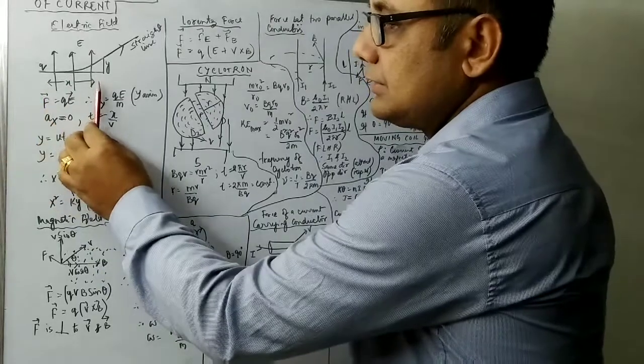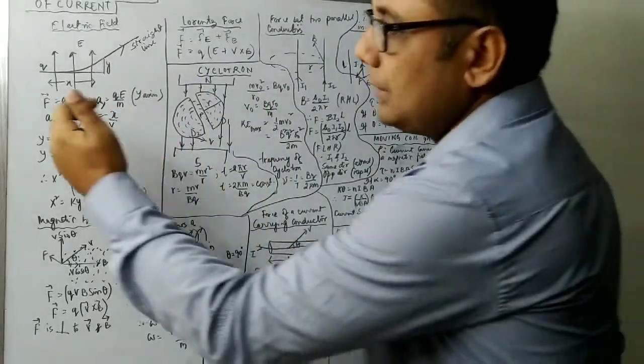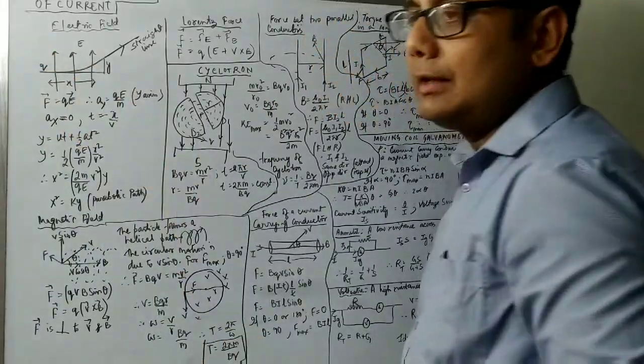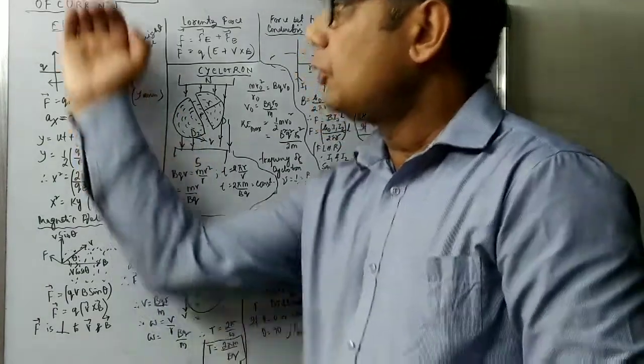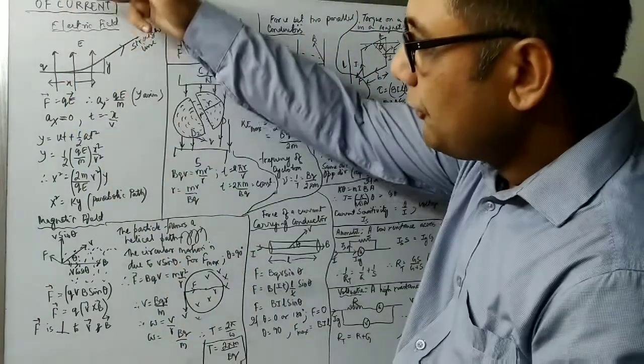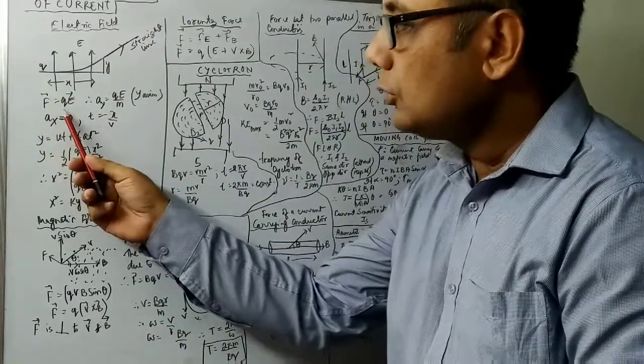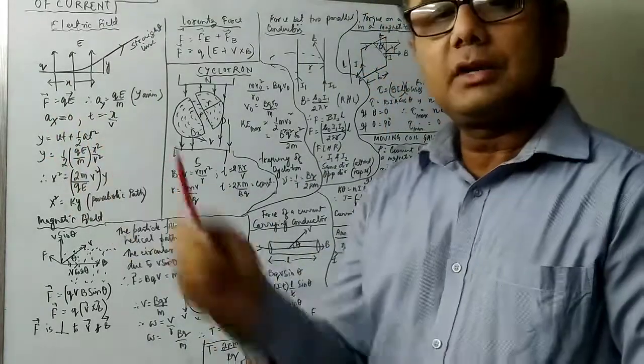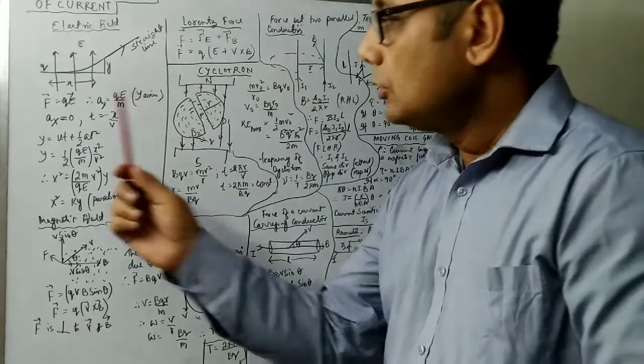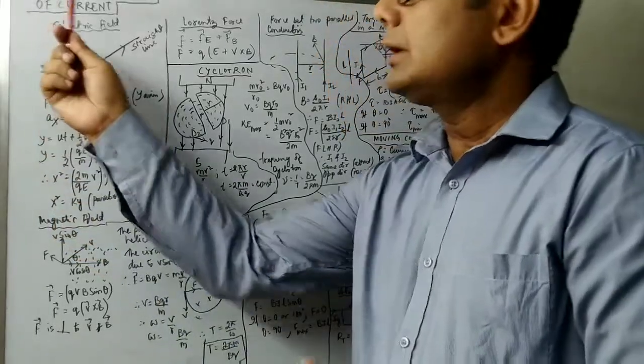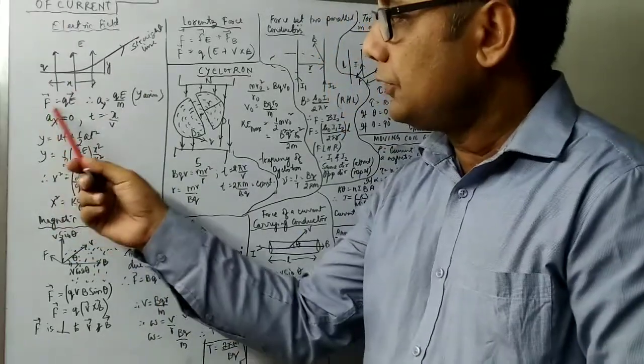What is happening when the charge is entering inside the electric field? It gets a force. What is the force? F equals Q into E. This you have already studied in the electrostatics chapter.